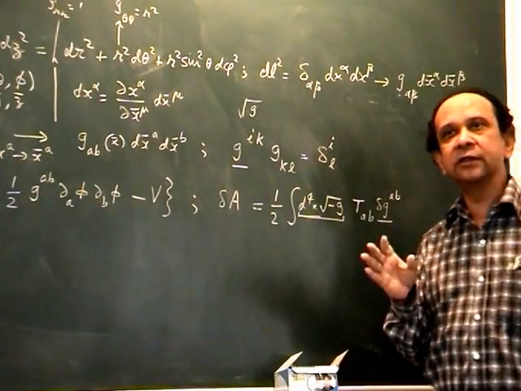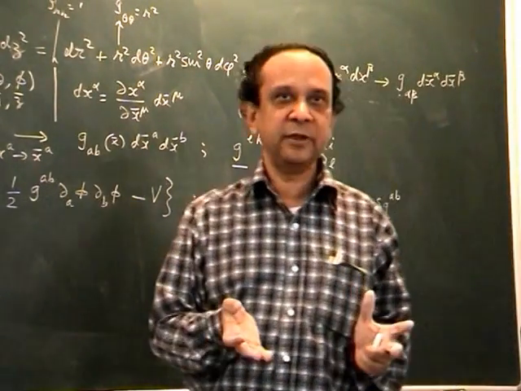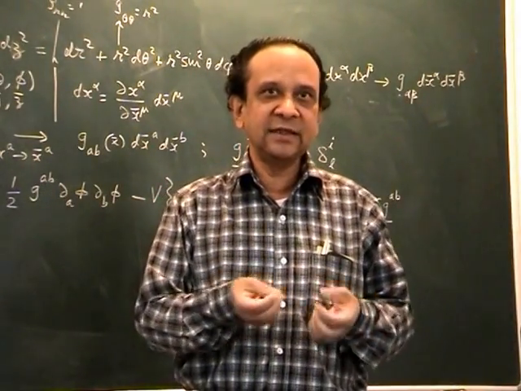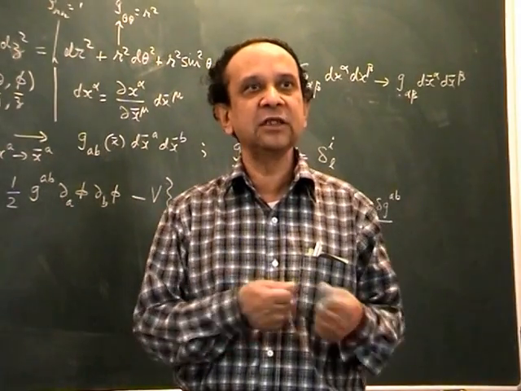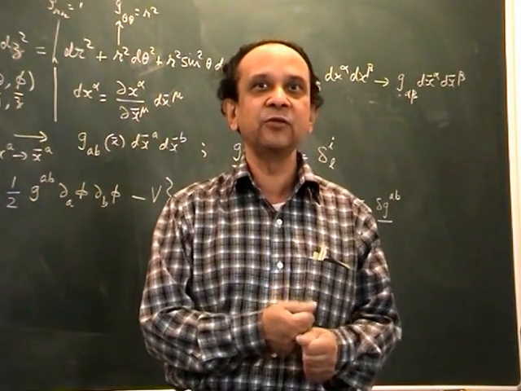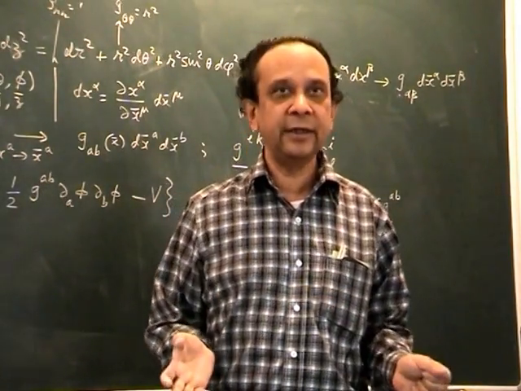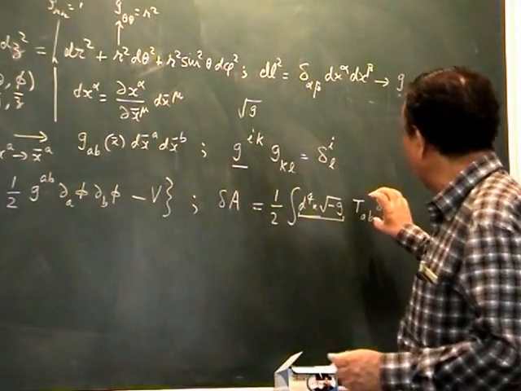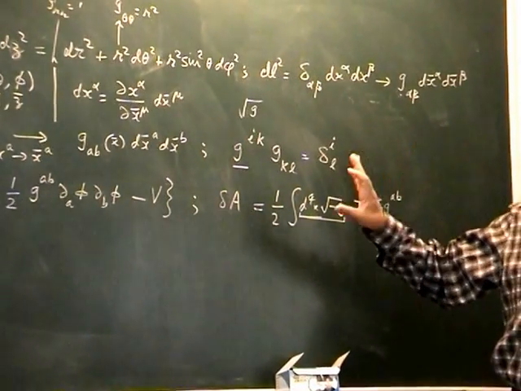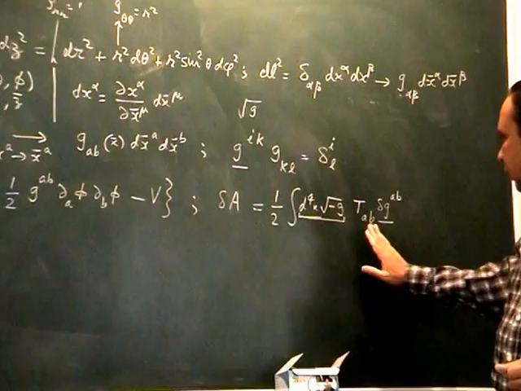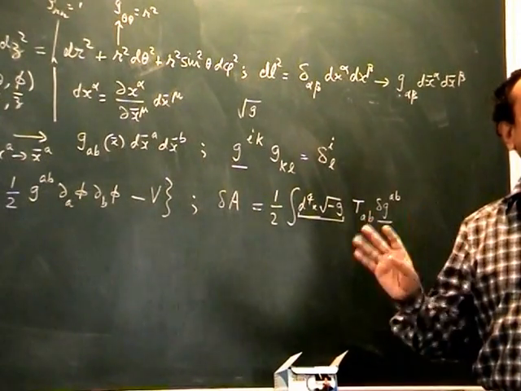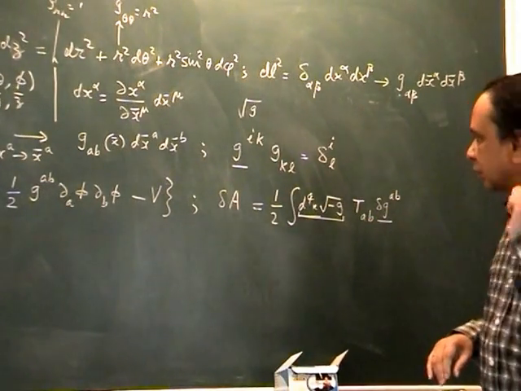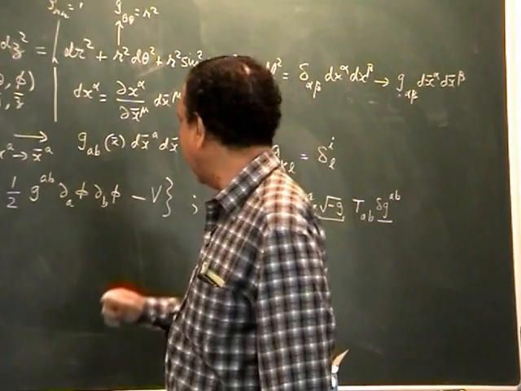And by definition, the source of gravity is the energy momentum tensor, because essentially energy and mass are the same, and mass density is what produces gravity in Newtonian physics. Okay? So this is a good way to identify the energy momentum tensor. As a bonus, we get something which is symmetric.